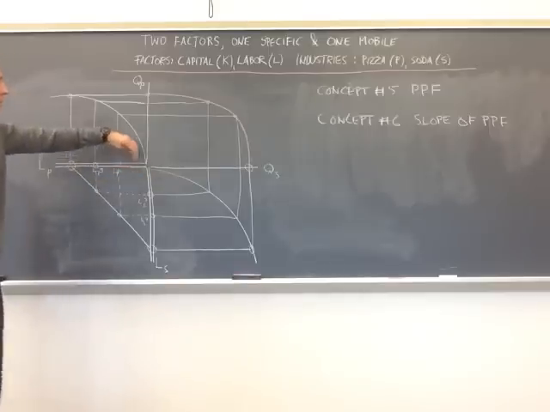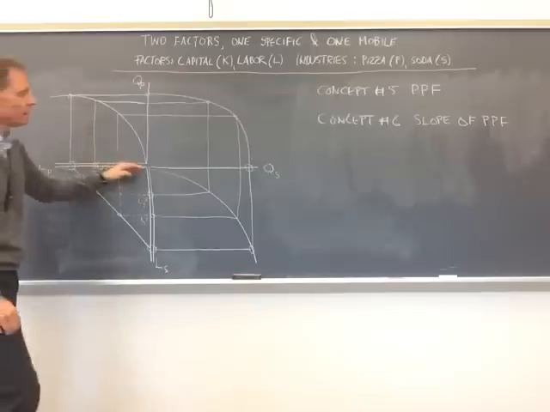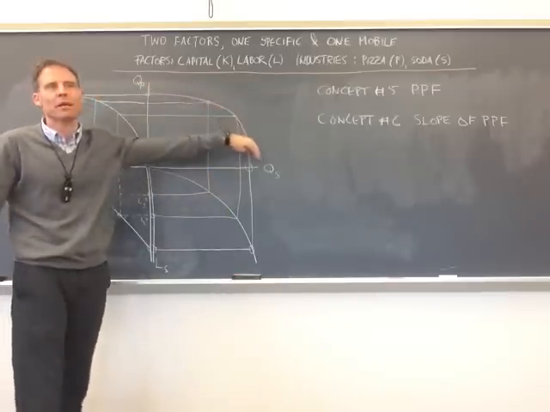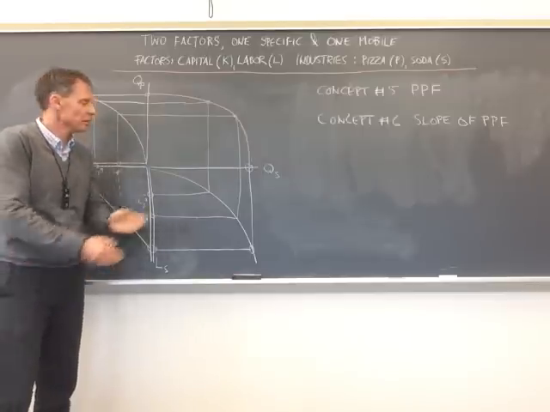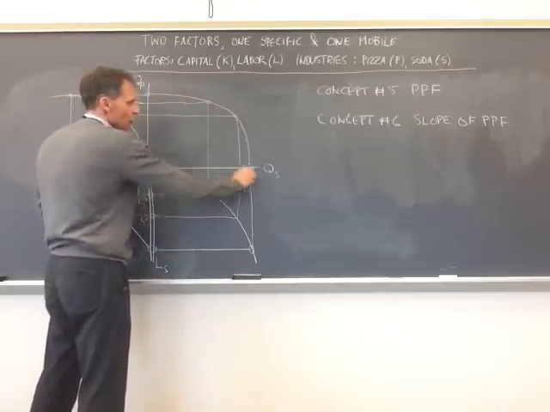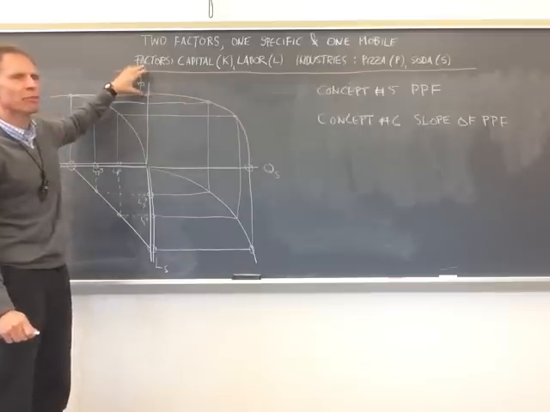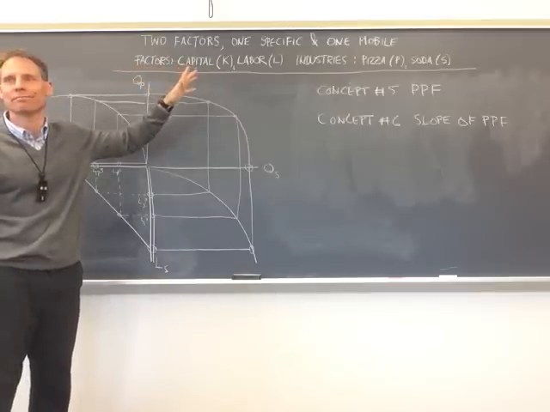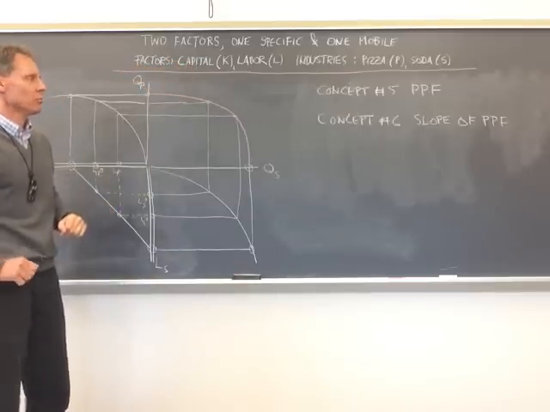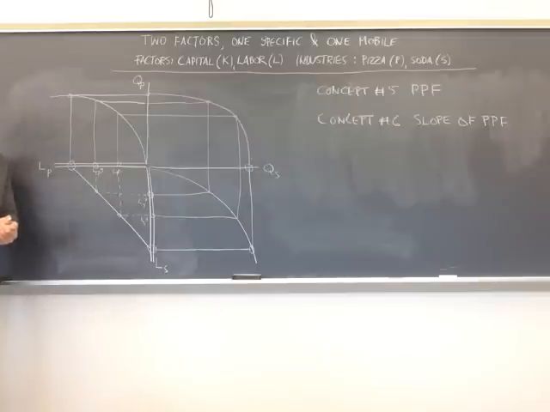So the production functions are concave, and therefore the PPF is also concave, which means that as we produce more and more soda, something happens to the amount of pizza that we have to give up. So you already know that the slope of the PPF is the opportunity cost, but let's think about it a little bit more carefully.